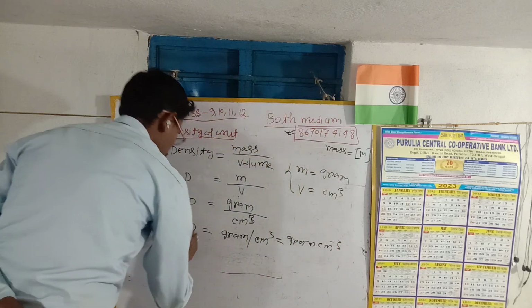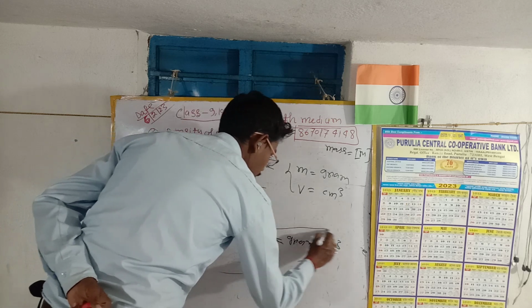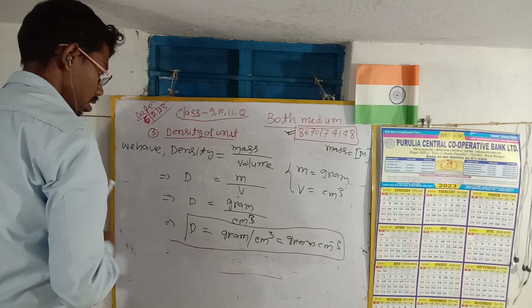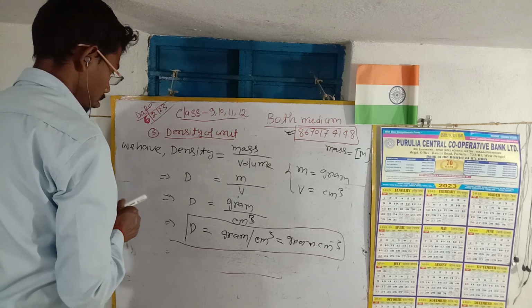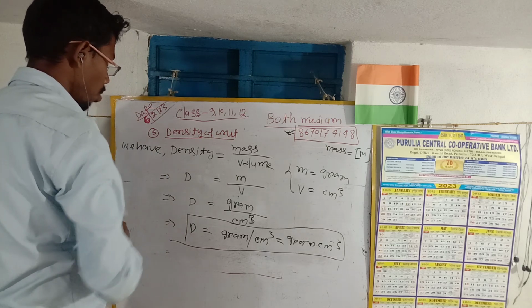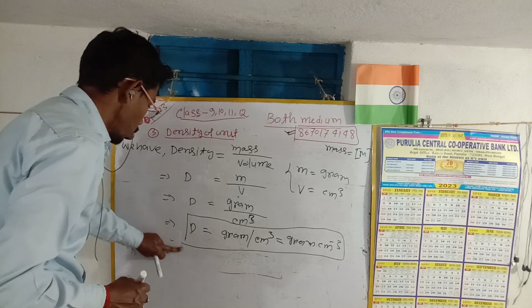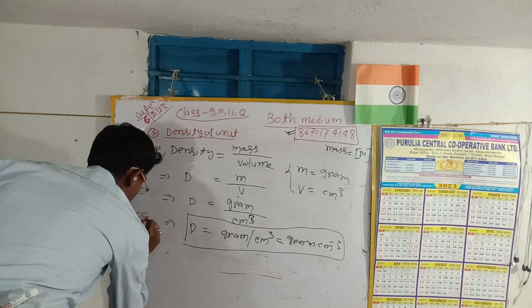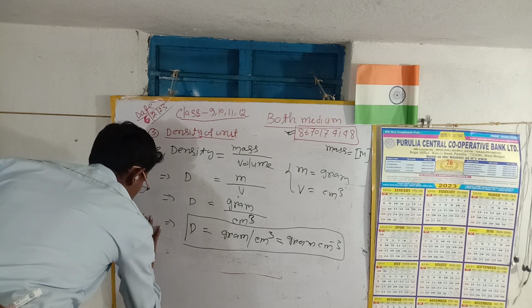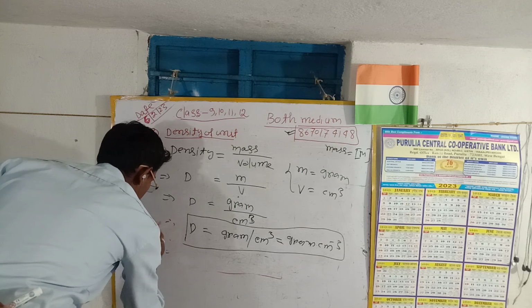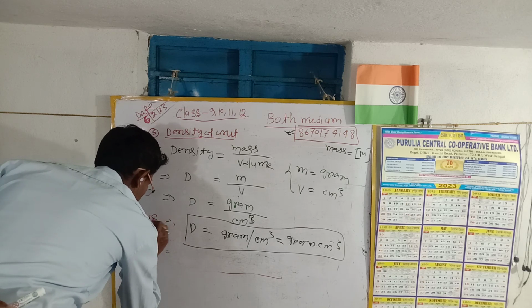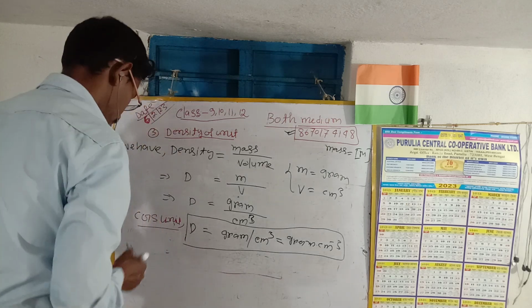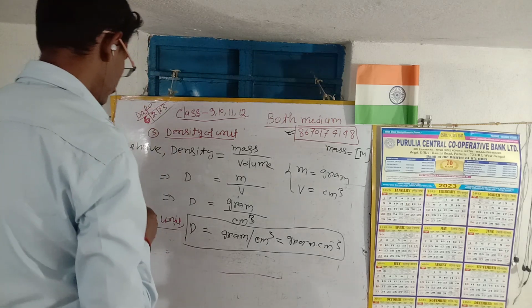Both answers are correct. This is the CGS unit. Dimension has one form, but unit has two types. This is the CGS unit.